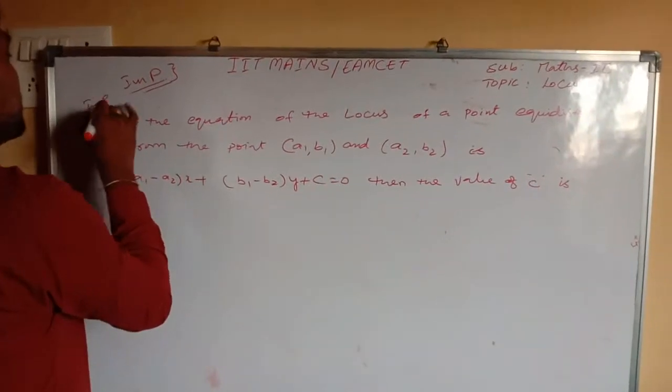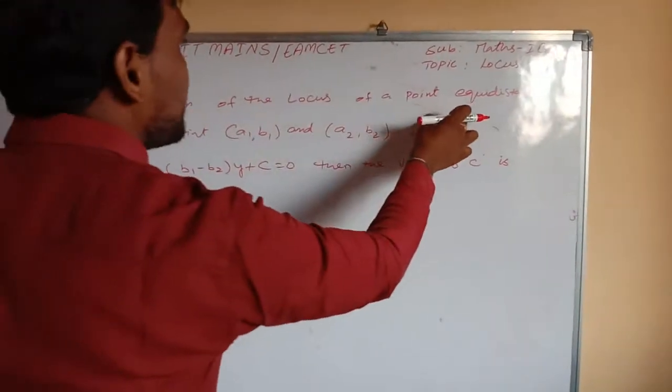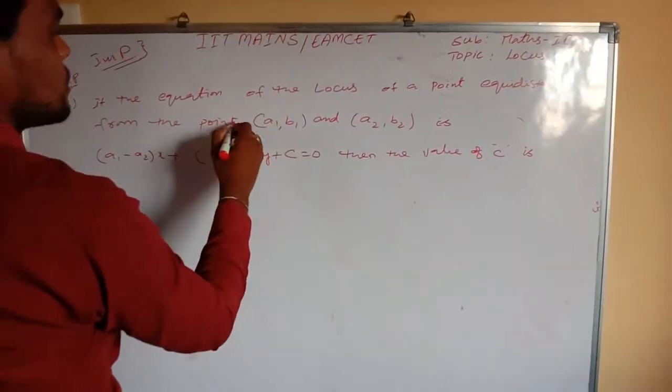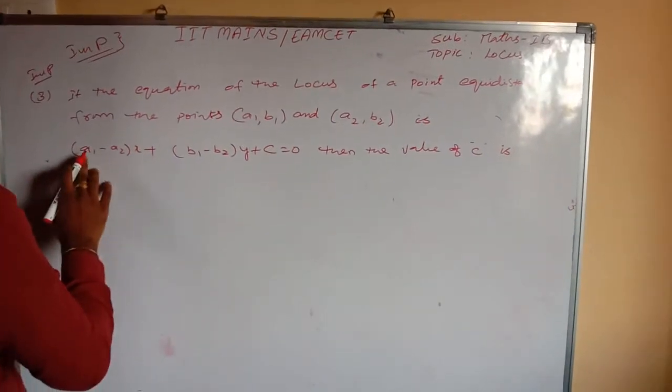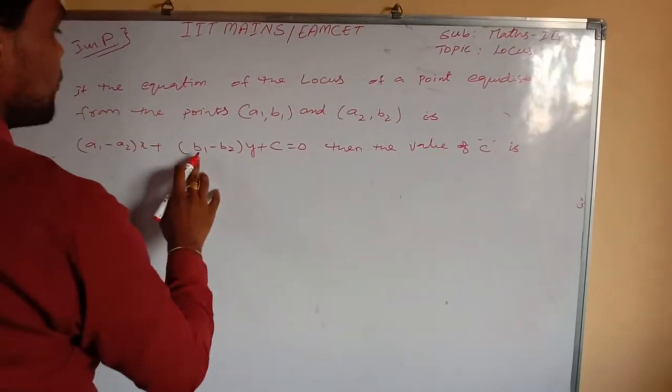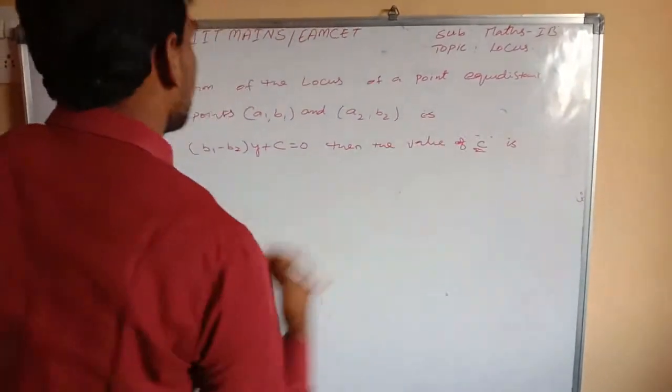Very important bit. If the equation of the locus of a point equidistant from the points (a1, b1) and (a2, b2) is x(a1 minus a2) plus y(b1 minus b2) plus c equals 0, then find the value of c.